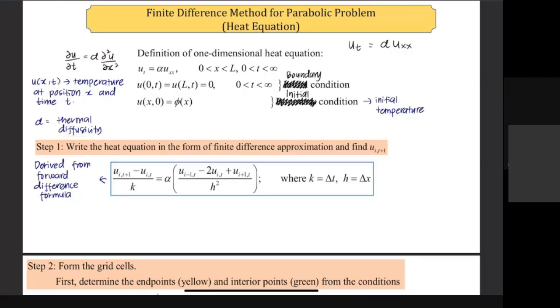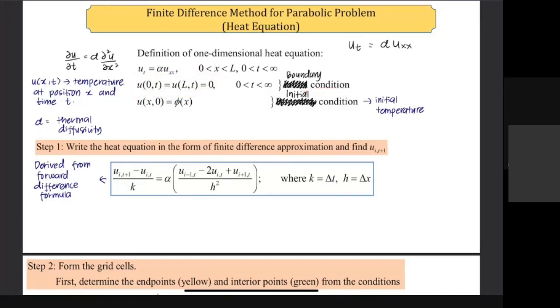Okay, for this heat equation, we have the value for x here. x is from 0 to L, and the value of t, t is from 0 to infinity. Okay, this is the boundary condition.